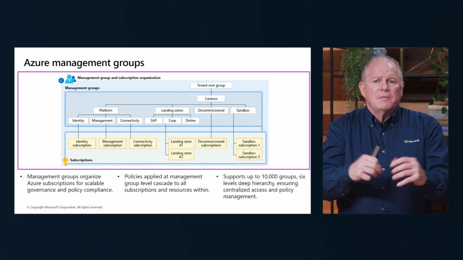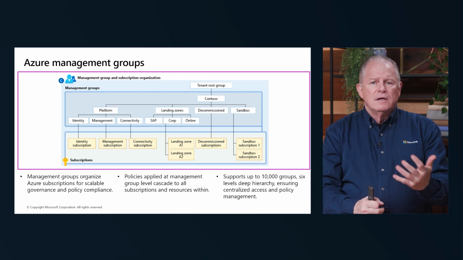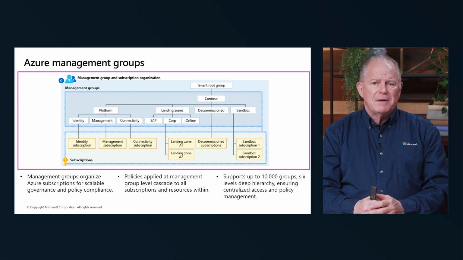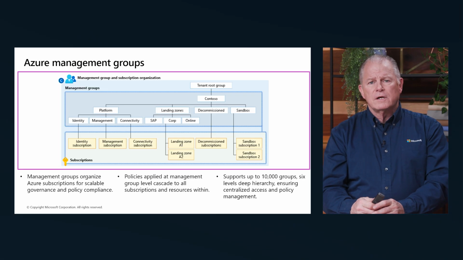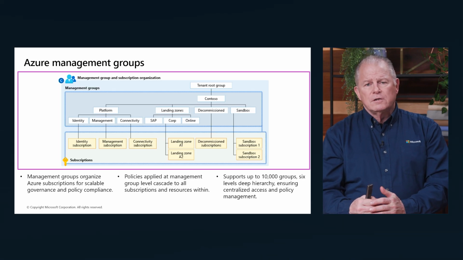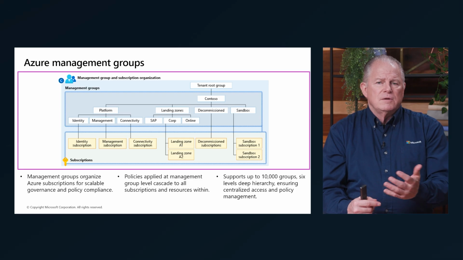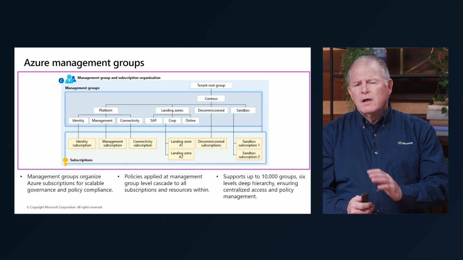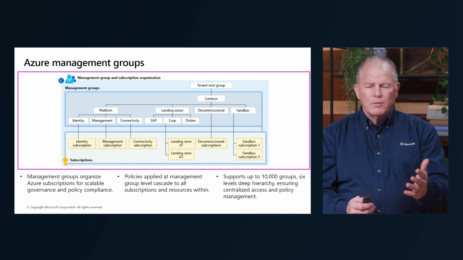Or do I have it in one tenant and put them in two different management groups and then have information flow down from there? The big thing here is you've got 10,000 management groups across 6 different levels. It would be hard pressed for an organization to ask me to build an organizational structure that I couldn't replicate using management groups. There are lots of features around management groups, from renaming them to moving things around.